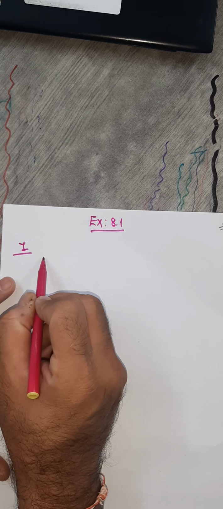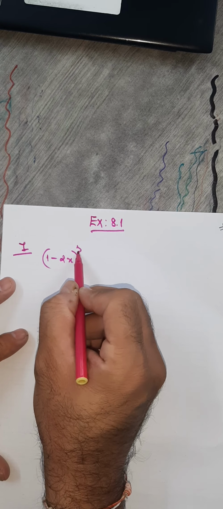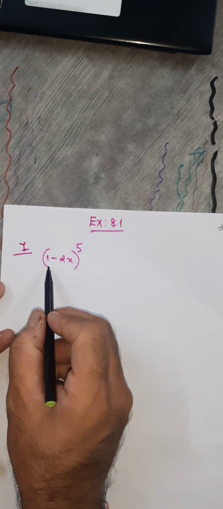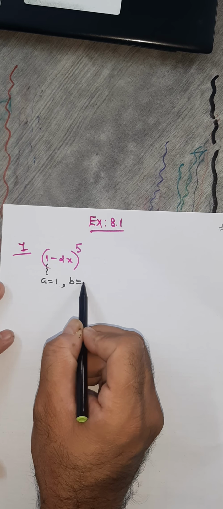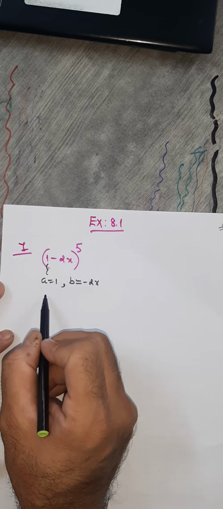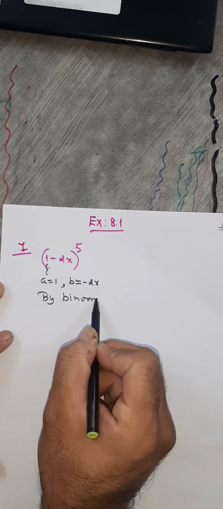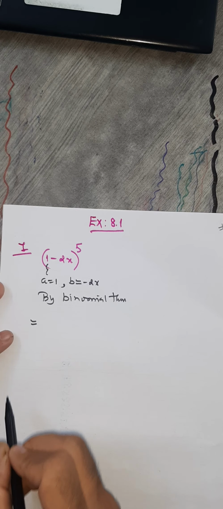So here (1 - 2x) the whole raised to 5. Here a is 1 and b is minus 2x, and we expand by the binomial theorem.